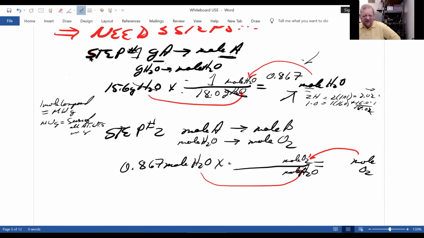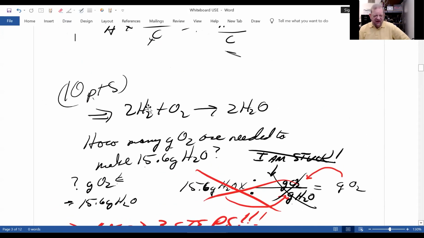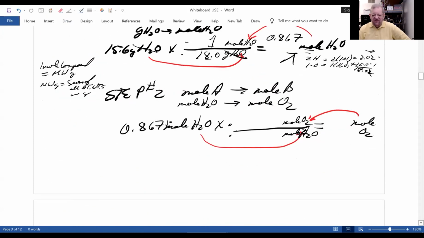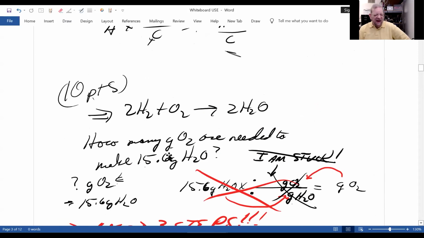And where do I get these numbers? Where do I get the ratio of moles of one thing to moles of another? In our balanced chemical equation. We're trying to get moles of oxygen, moles of water. And here, 1 mole of oxygen makes 2 moles of water. I'll say that again: 1 mole of oxygen makes 2 moles of water.